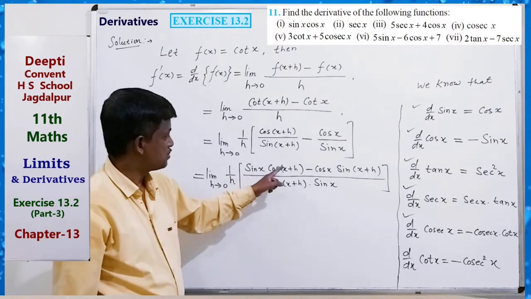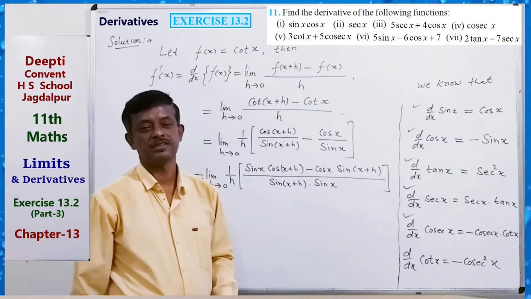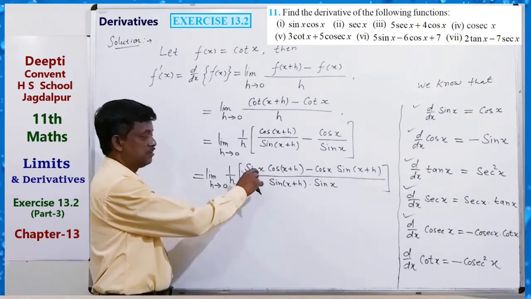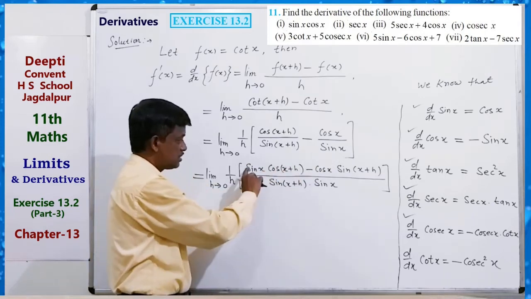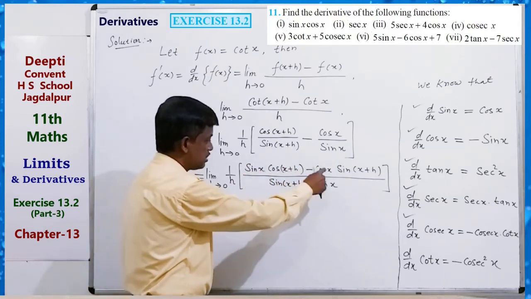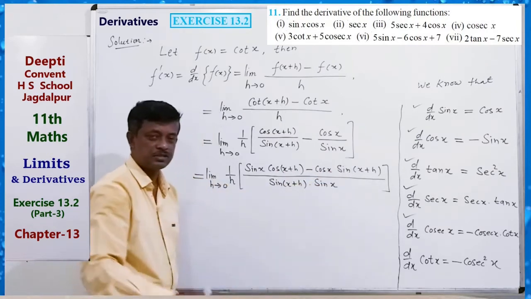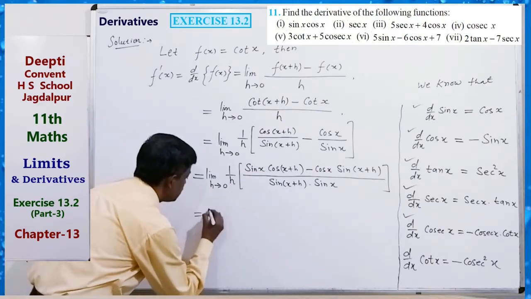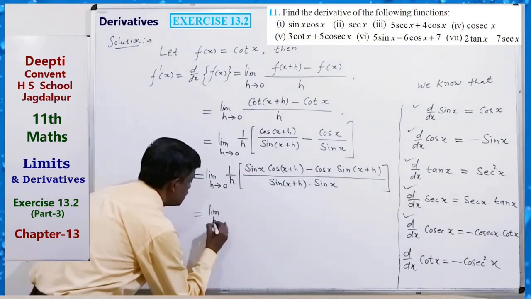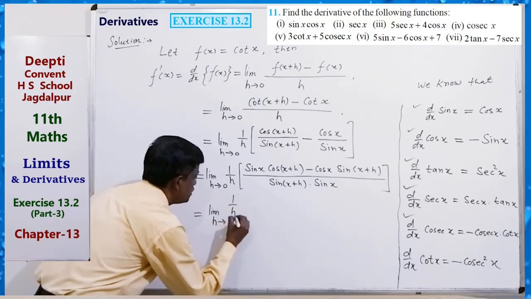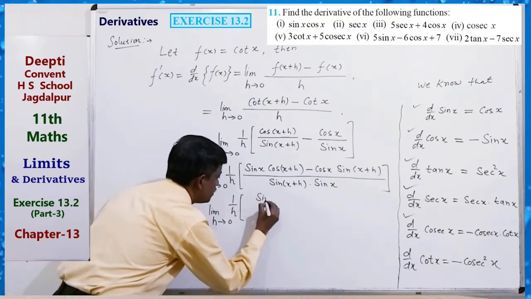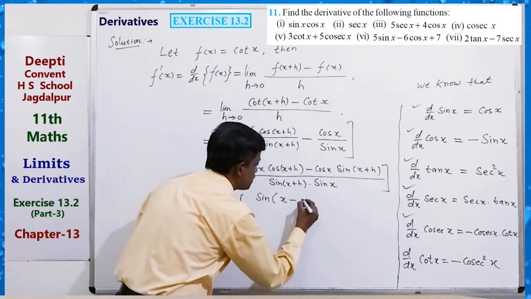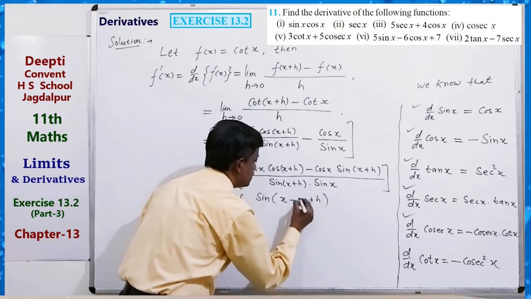So sin a cos b minus cos a sin b. The sin(a minus b) formula is there. Clear? Sin a cos b minus cos a sin b. So sin(a minus b) formula. If this is a, this is b. So you can use here limit h tending to 0, 1 by h sin(a minus b). A means x and b means x plus h.